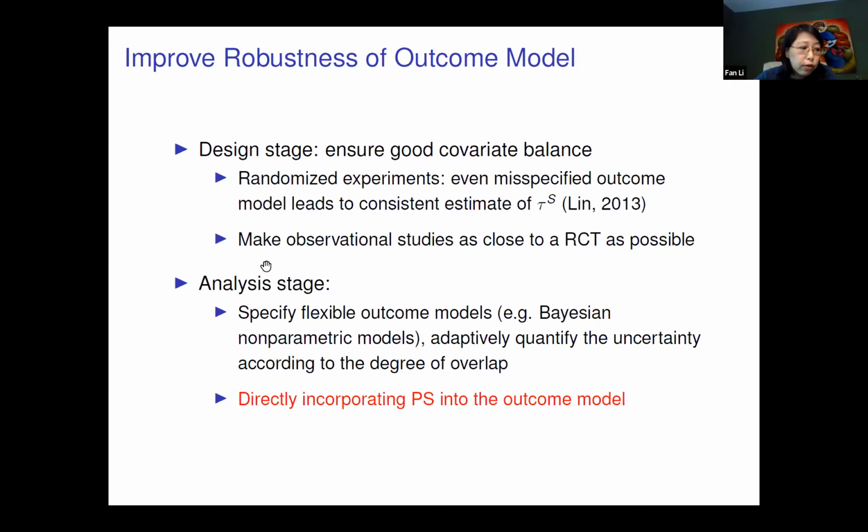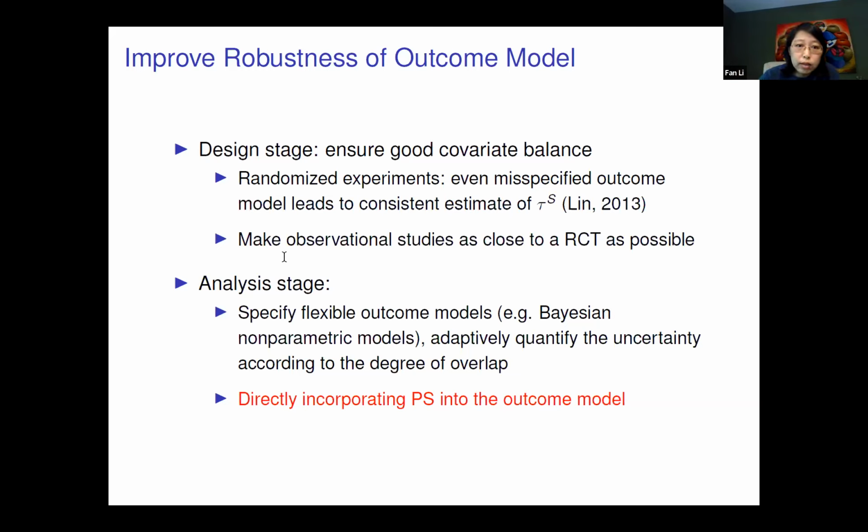Of course, in an observational study we don't have this luxury, but we can use marginal weighting and those kinds of tools, without even looking at Y, to make sure that my data is as close to a randomized study as possible. If I achieve that, it will definitely help make my model more robust, because if my data is very close to a randomized trial, it doesn't matter what kind of model I use, right?